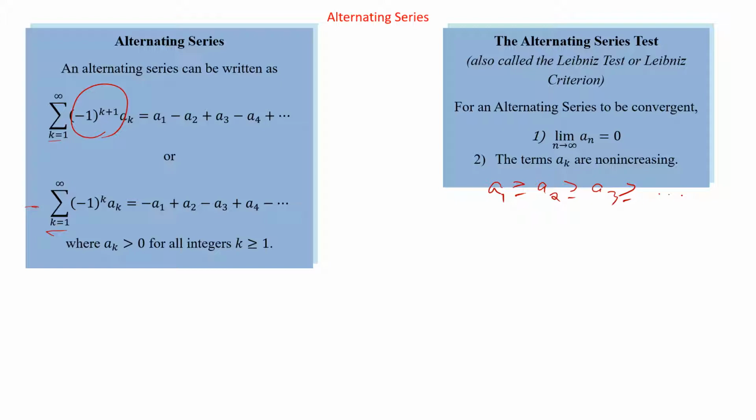The only one I could think of off the top of my head would be something like the absolute value of the cosine of n over n, where it's always going to be positive, because again, we're taking that positive term, not the negative. So that makes it positive divided by n, means it's going to be going to 0, but the cosine is always going to be going up and down, up and down, up and down. So it will hit things going positive, but again, it's kind of a weird situation.